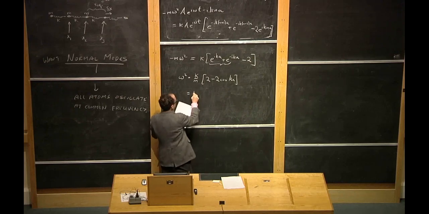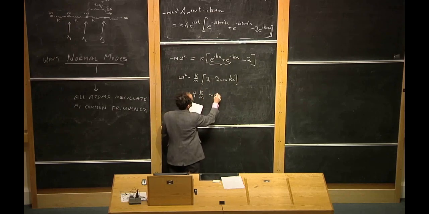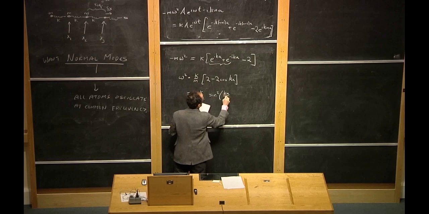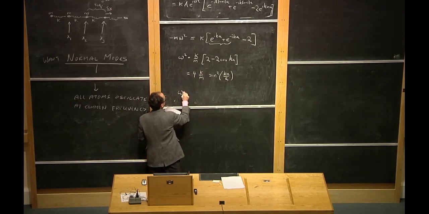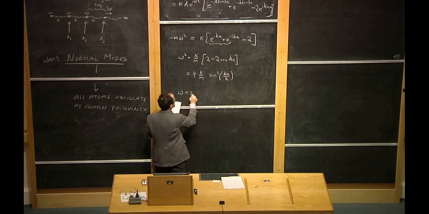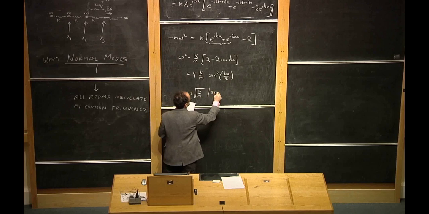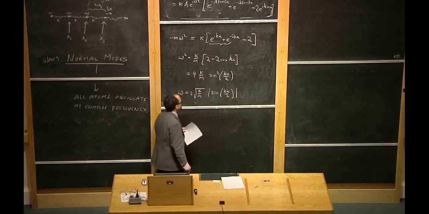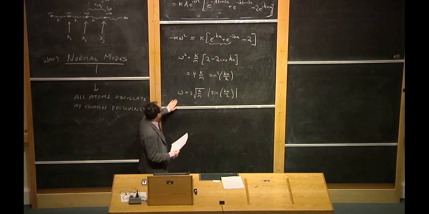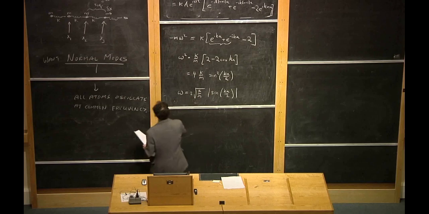So that gives us a total of 4 kappa over m times sine squared of ka over 2. And then I'll just take the square root of this whole equation. We get the final result: omega is 2 square root of kappa over m, absolute value of sine ka over 2. And there we have it. We've solved for the frequency of the normal modes of our chain given the wave vector k.